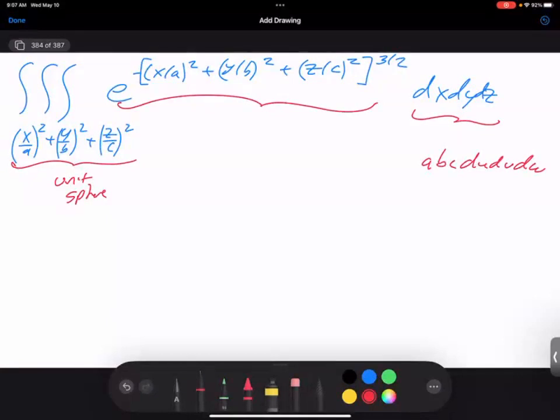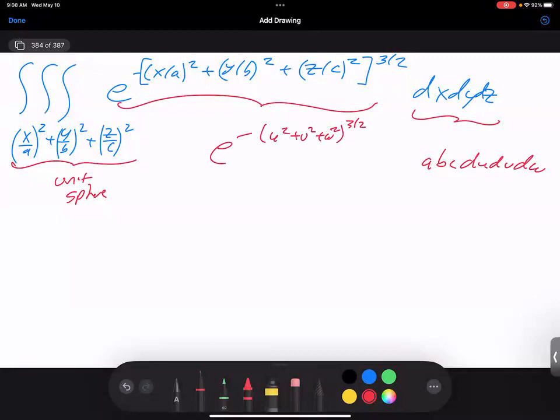Anybody have a guess as to what e to the negative (x over a squared plus y over b squared plus z over c squared) to the 3/2 would become? Exactly. It's exactly what it would be.